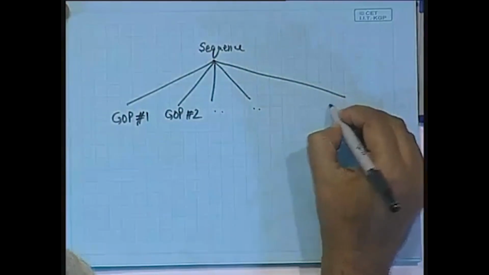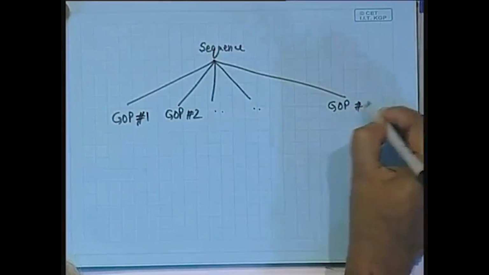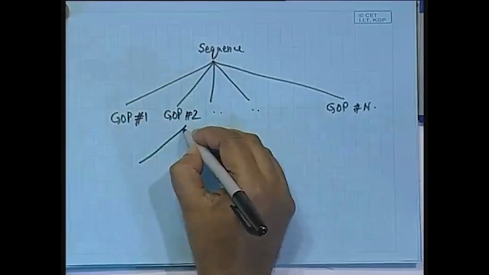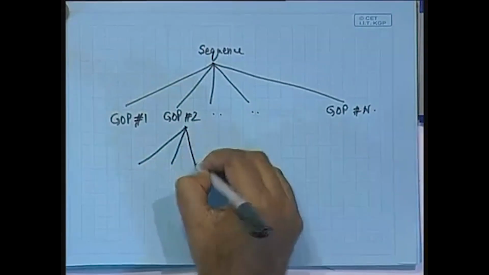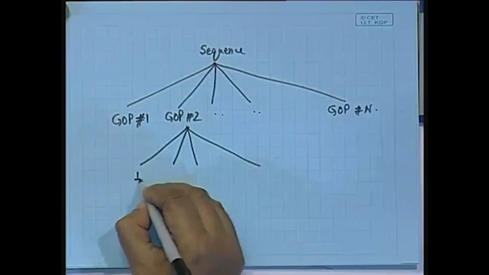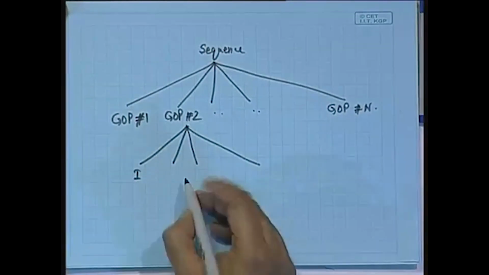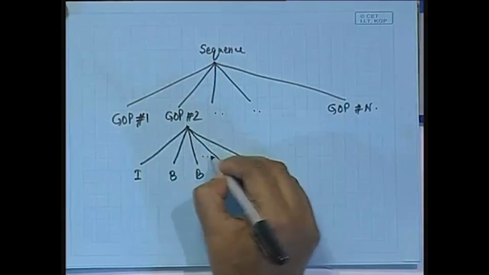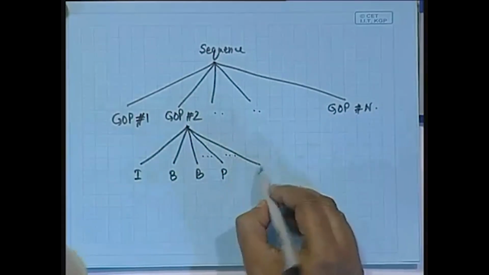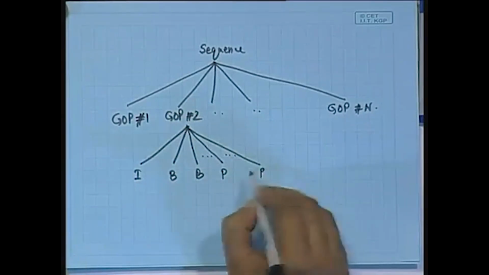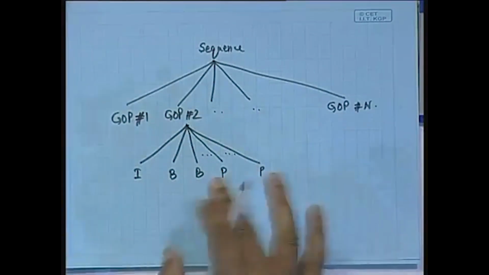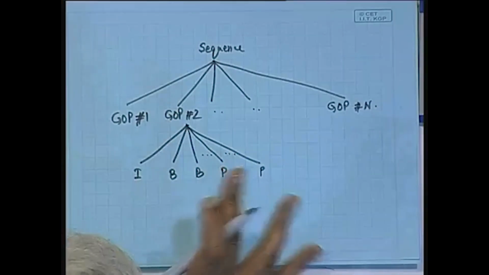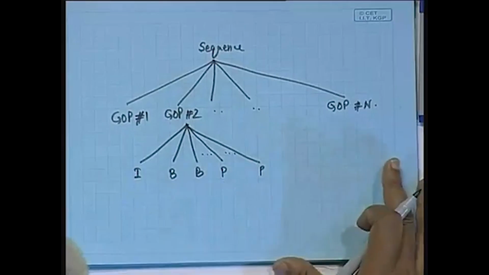If you take the composition of any GOP, there will be an I frame, followed by some B frames, some P frames in between, and again more P frames and B frames. This is how the GOP structure will be. This also we have discussed.